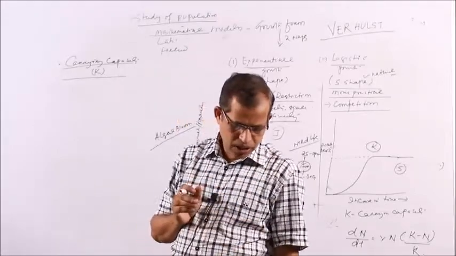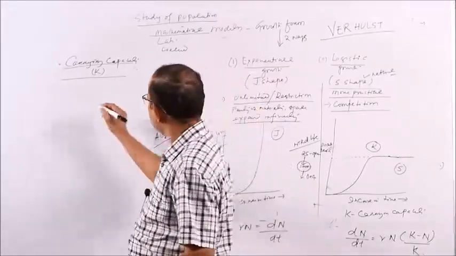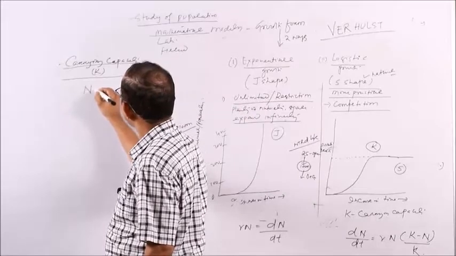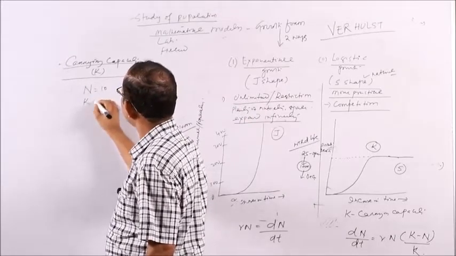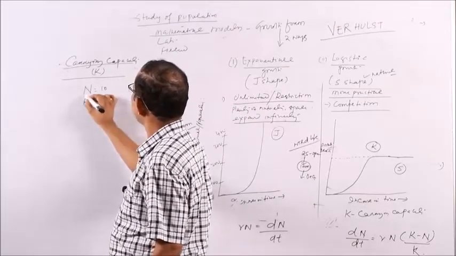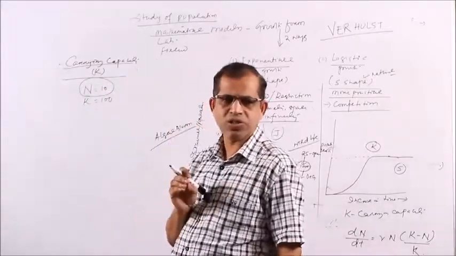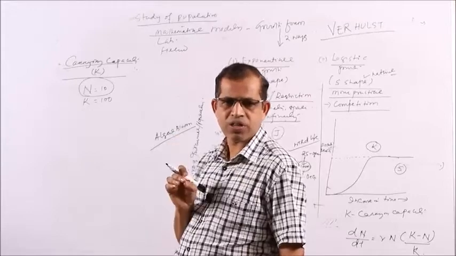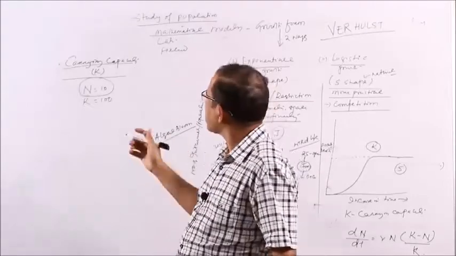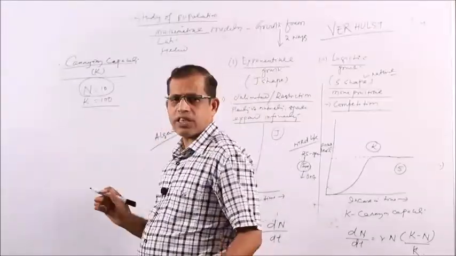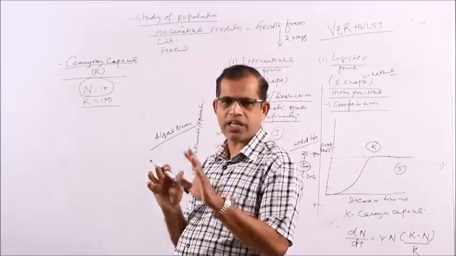Suppose n is 10 and k is 100. That means there are n number of individuals, 10 people in one area. That is the number of population, but k is 100, which means the carrying capacity of that area is 100.